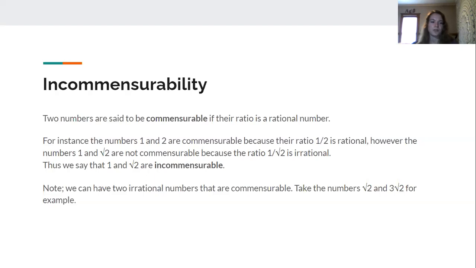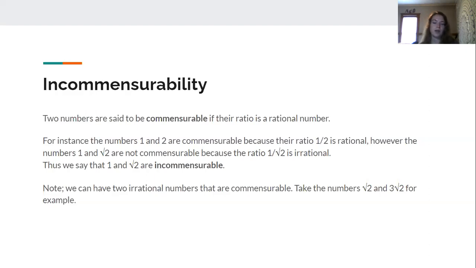And one thing that I wanted to take note of is that we can have 2 irrational numbers that are commensurable. So in the previous example, when I talked about the numbers 1 and 2 and how they are commensurable, both of those numbers were already rational numbers. And actually, anytime you have 2 rational numbers, they are always going to be commensurable because any rational number divided by another rational number is going to give you a rational number.